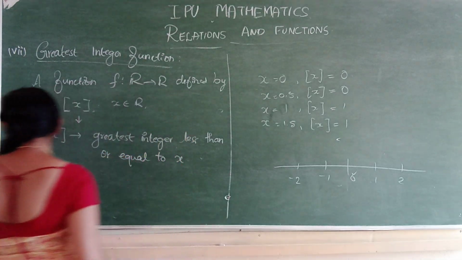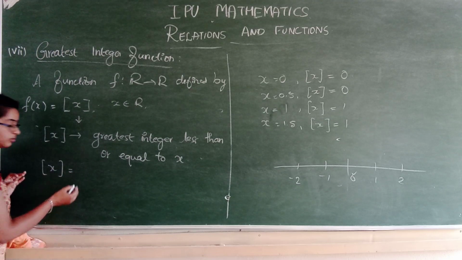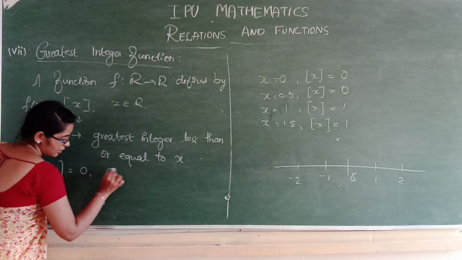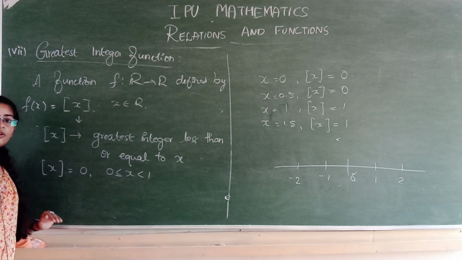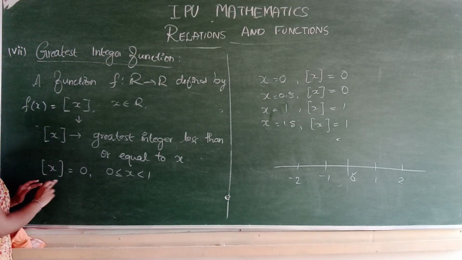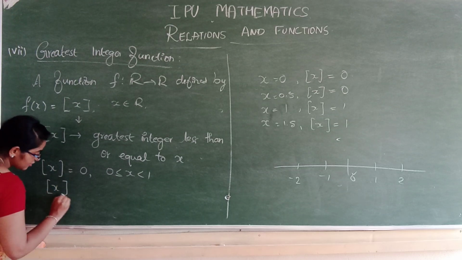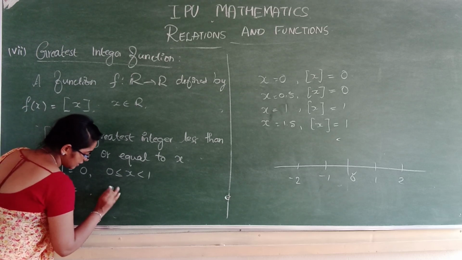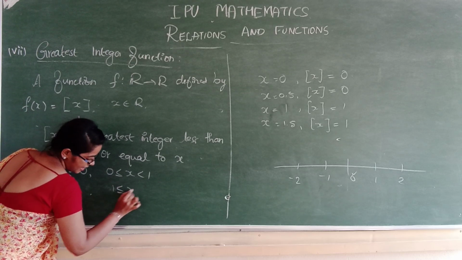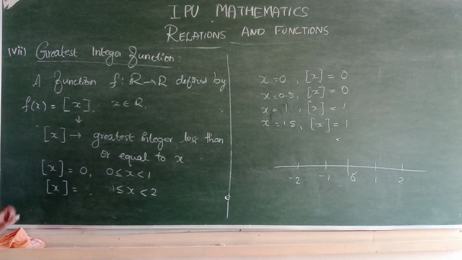So I can write this much here. Greatest integer x is equal to 0 for x lying between 0 and 1, that is, 0 less than or equal to x less than 1. And greatest integer x is equal to 1 if my x lies between 1 and 2, 1 less than or equal to x less than 2.